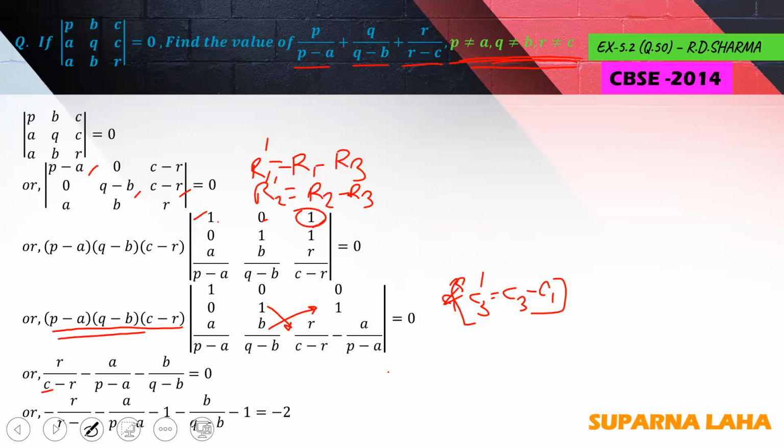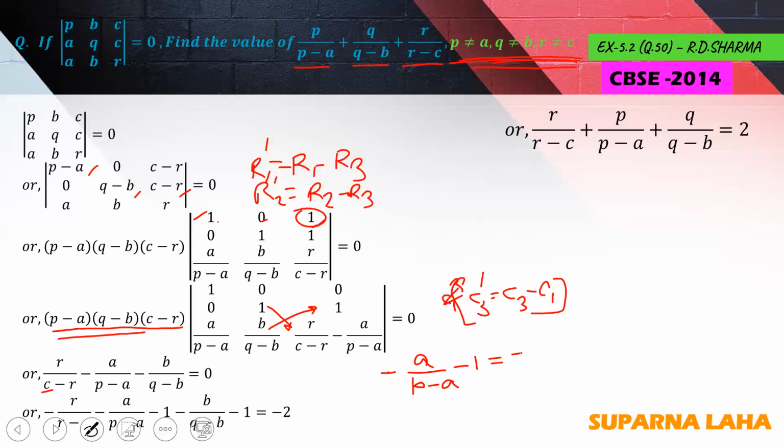Now simplify these 2 terms. So look at here, if you go through this calculation, it will look like that: a by p minus a minus 1. So you will find this is minus of p by p minus a.